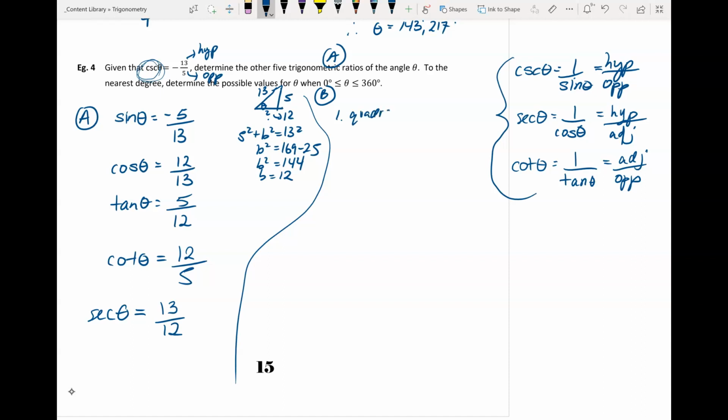And we already stated that it could be in quadrants 3 or 4 because that is where sine is negative, or in other words, cosecant is negative. The next thing we're going to do is find the reference angle. In this case, you're going to be careful because if you look at your calculator, you don't have a function for cosecant. So we are going to have to rewrite this in terms of sine.